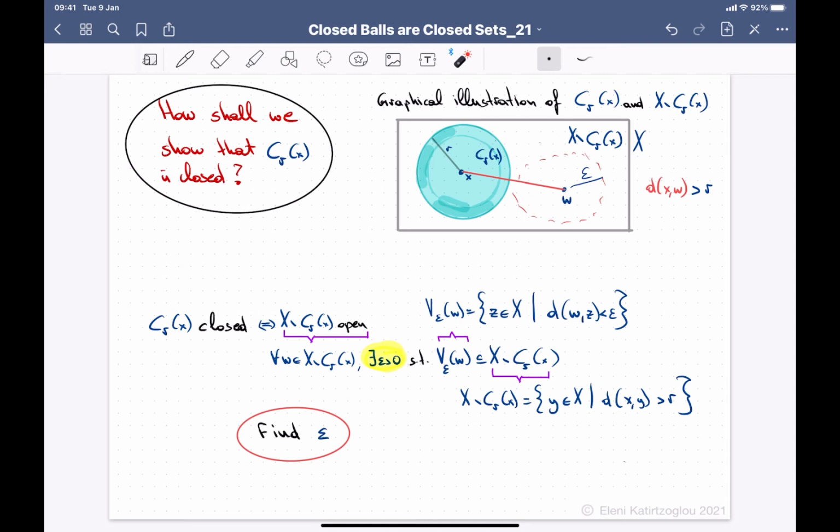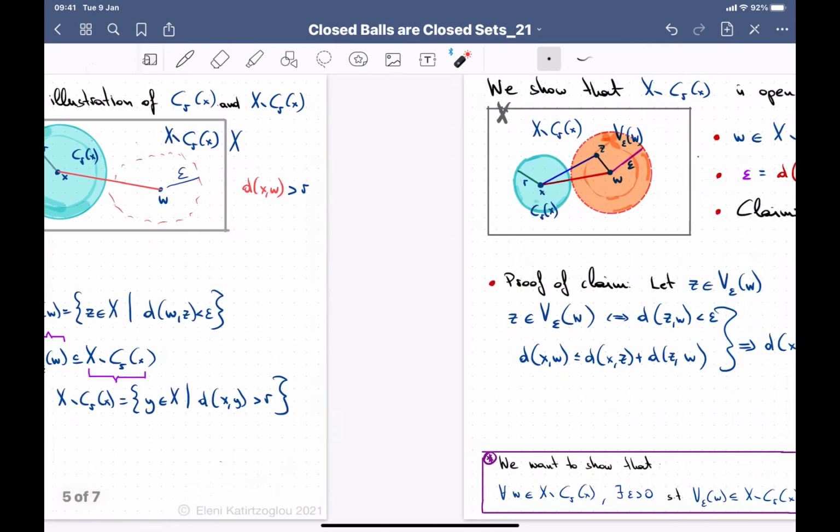What we are going to do next is, by using the graphical illustration, identify an epsilon for which this is actually true. All right, so let's move on.